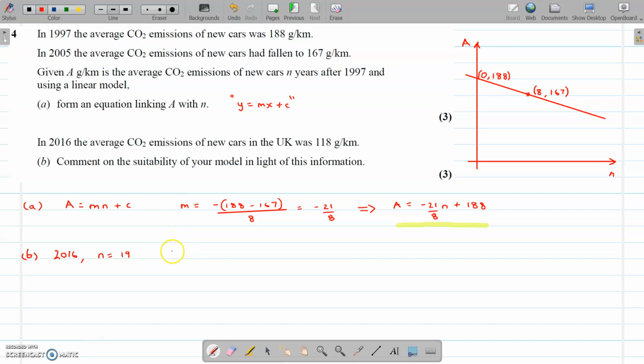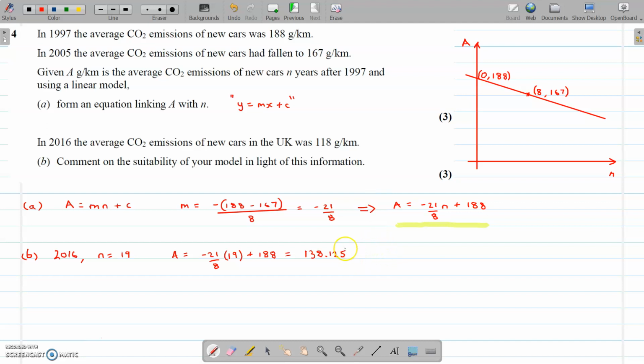So according to this, A equals negative 21 over 8 times 19, okay, plus 188. Okay, and if you put that in the calculator, you get 138.125.